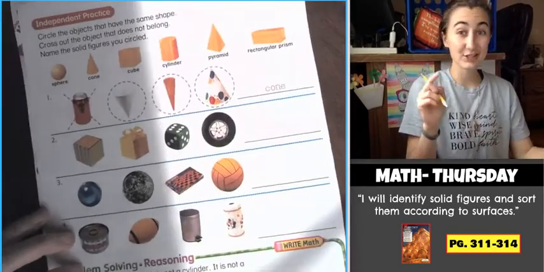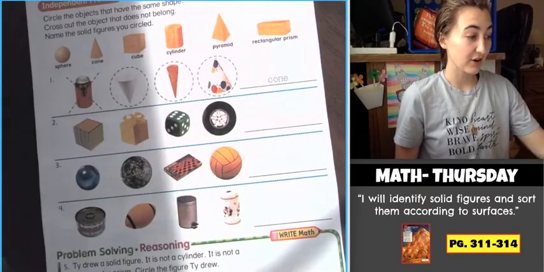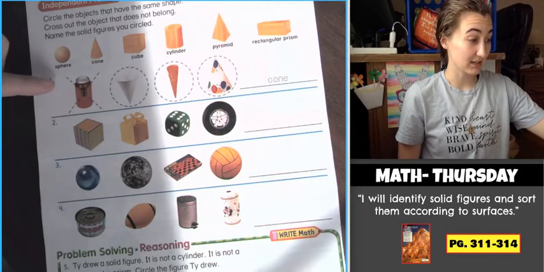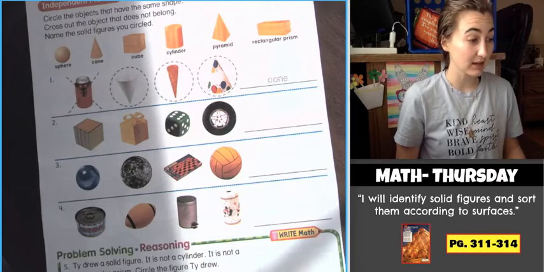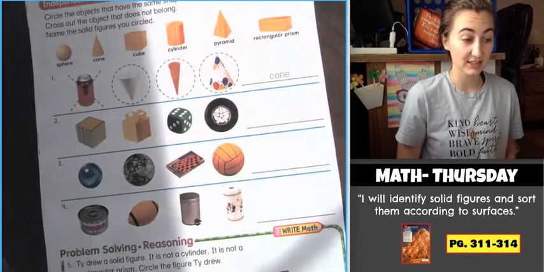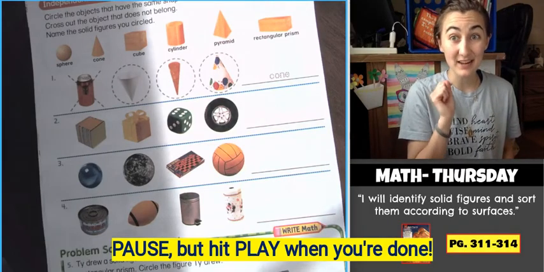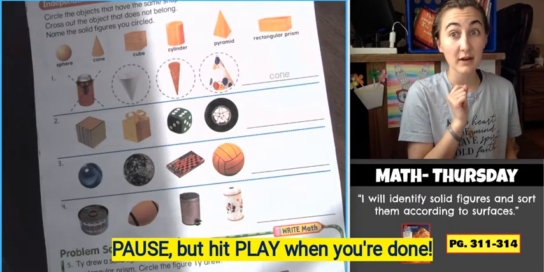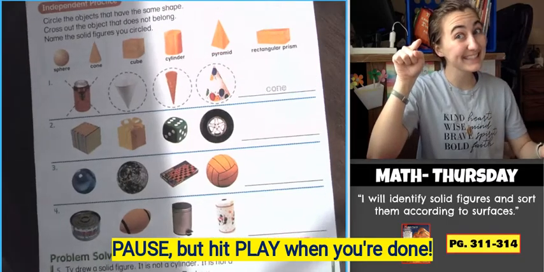Now what I want you to do is go through and cross off the one that does not belong. Then once you cross off the one that does not belong, you're going to write the name of the solid figures on the line. So pause the video now and do that, but make sure you hit play because we're going to do another page again. So hit pause.